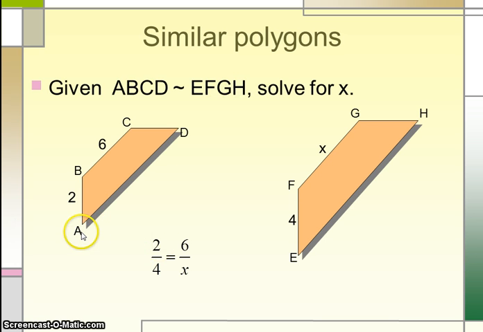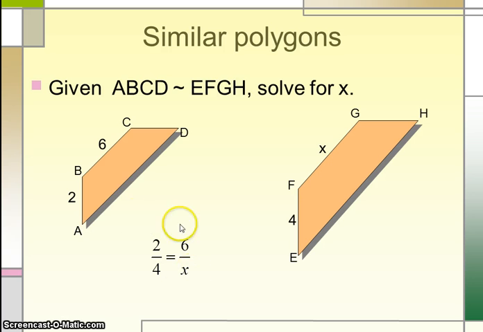Instead of writing AB, we write 2. So 2 is similar to FE, which is 4, so we say 2 over 4 is equal to BC, which is 6, over line X, FG. So we've set up our equation here.